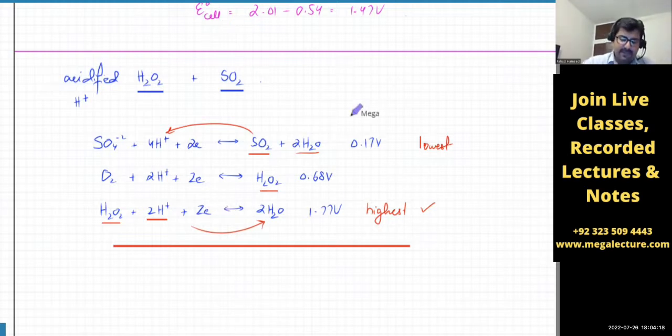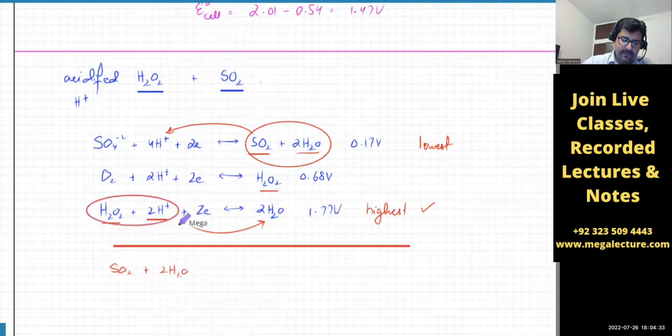Add up the reactants. The reactants in the first equation are SO2 and 2H2O. Add up the reactants in the second equation, which is H2O2 plus 2H plus 1.